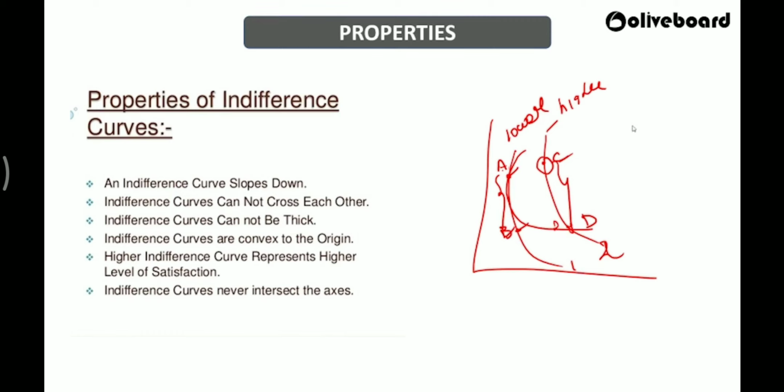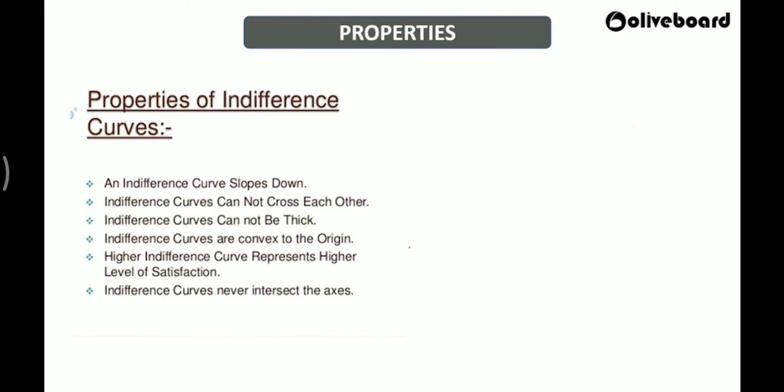No. That is why higher indifference curves cannot cut each other, because each curve gives the same level of satisfaction along it. The higher curve cannot intersect the lower curve, because the idea is that along the indifference curve, whatever combination you choose, it gives the same level of satisfaction.